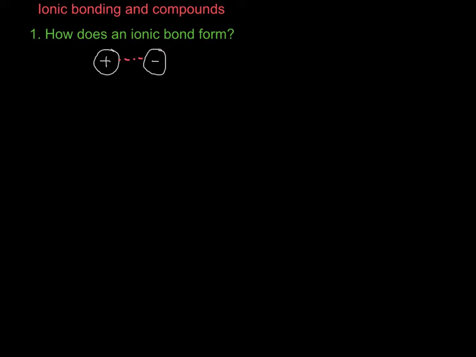So an ionic bond is first formed when there is a transfer of electrons between two atoms, or from one atom to another. And this forms ions.